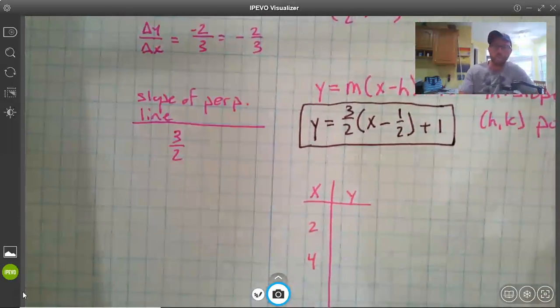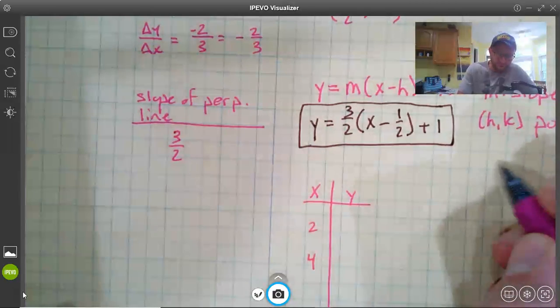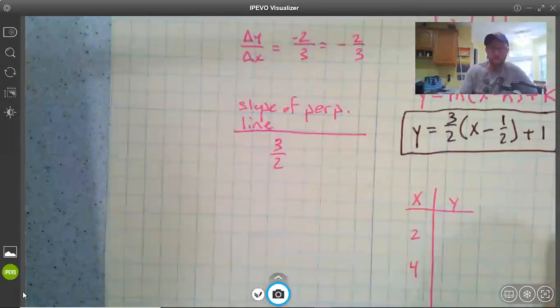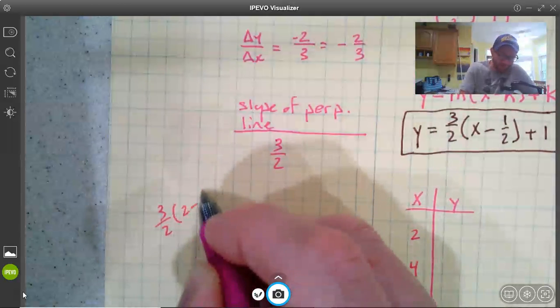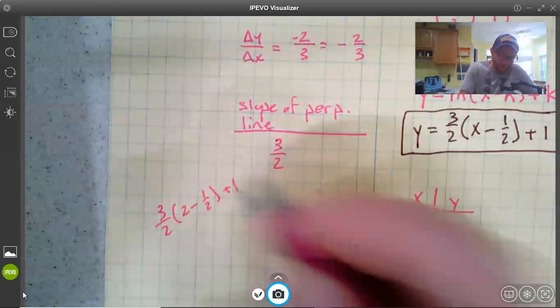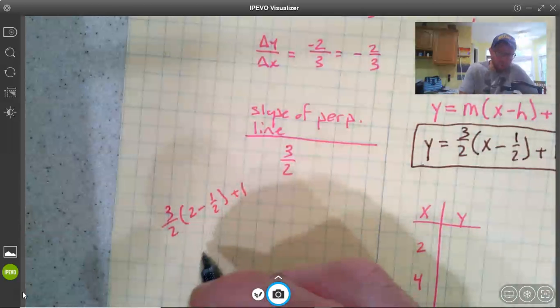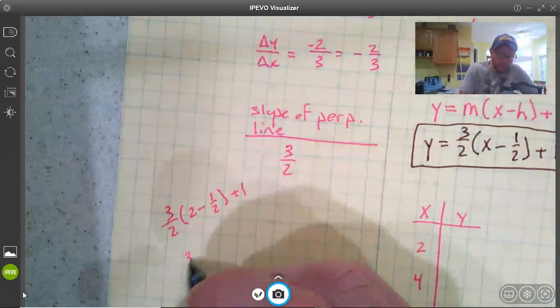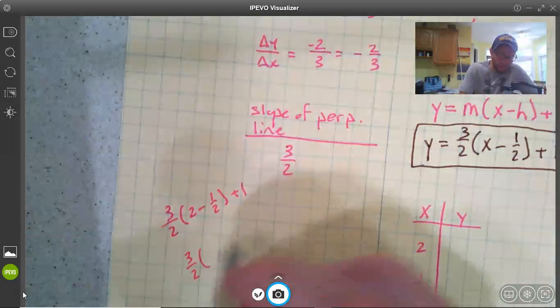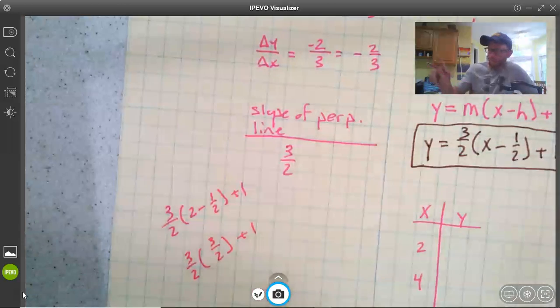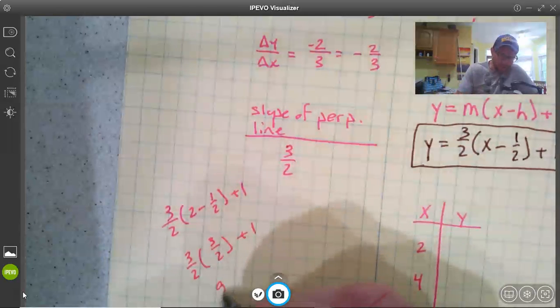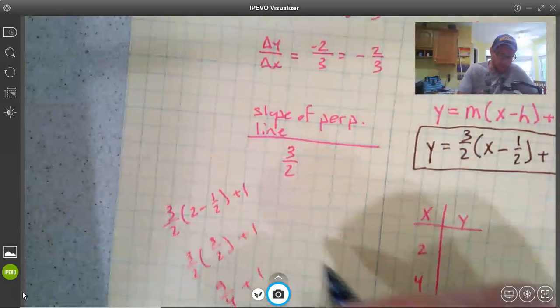Just a couple points. So let's see, let's just use some scratch paper over here. 3/2 times 2 minus 1/2, plus 1. See, 2 minus 1/2 is 1.5. 3/2 times 1.5 is 9/4, plus 1.